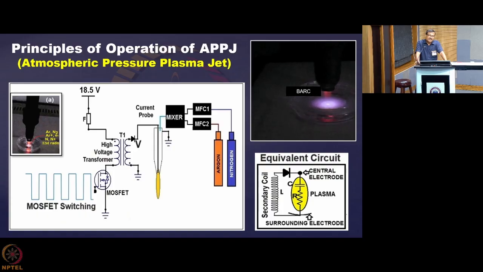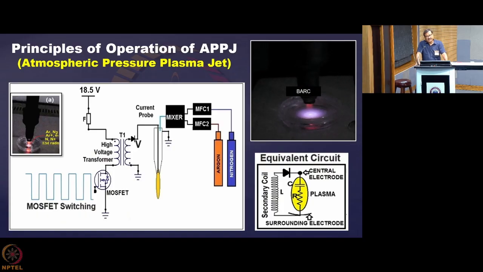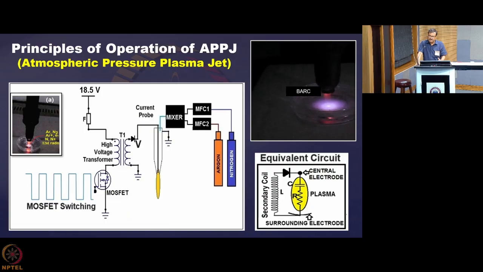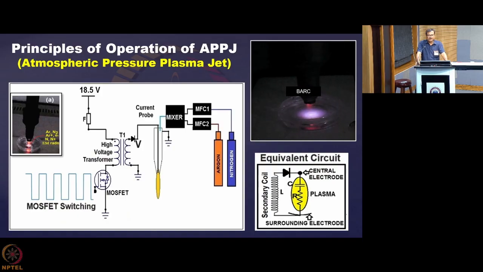That is why the radical density or degree of ionization is very less, but 10 to the power 20 or 10 to the power 19 is also not a very less number as far as the chemical kinetics are concerned. They are sufficiently enough to influence the interaction with your biological cells.